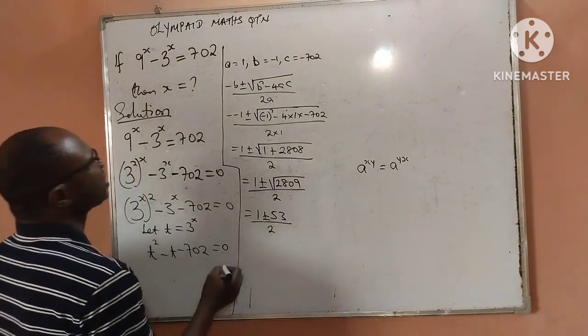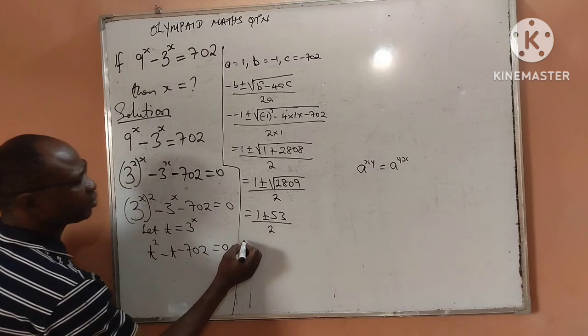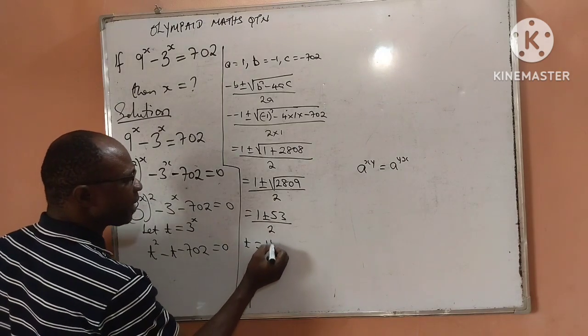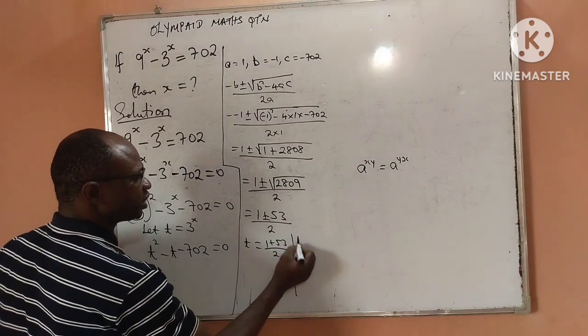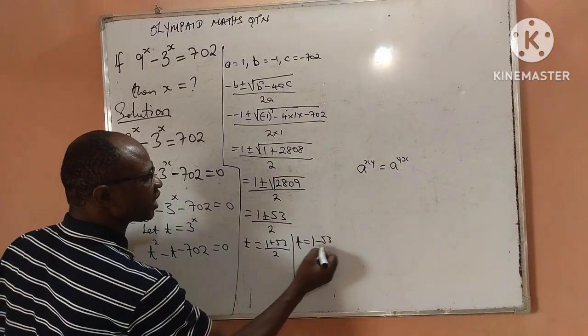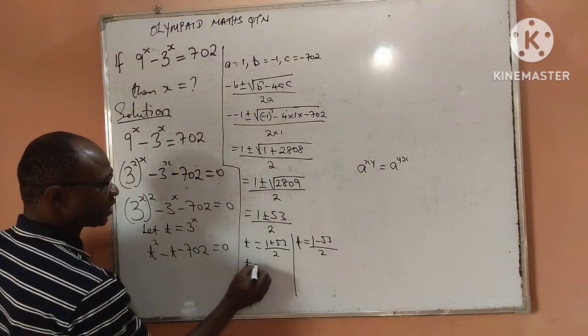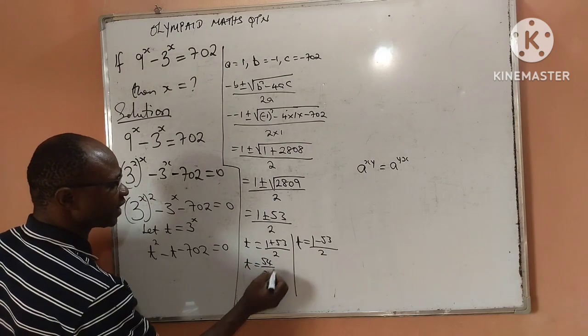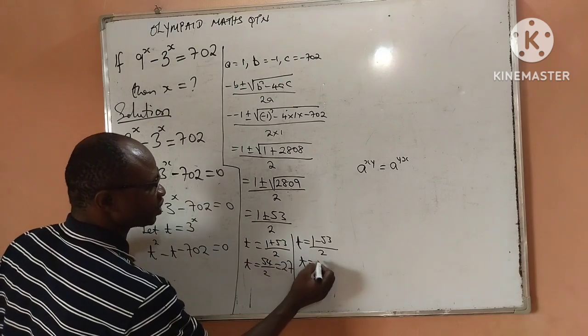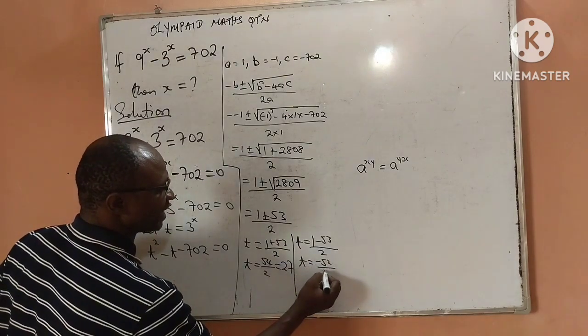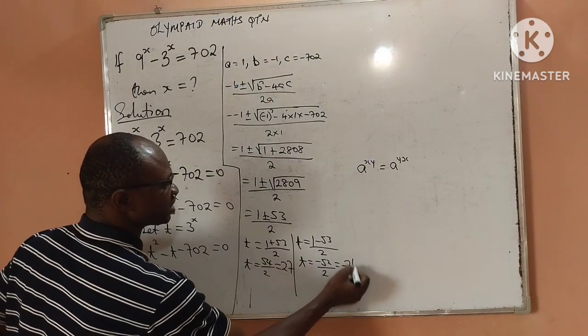This implies that the value of t will be 1 plus 53 all over 2, or t will be equal to 1 minus 53 all over 2. So t will be equal to 54 over 2, which is 27, and the other value of t will be minus 52 over 2, which is equal to minus 26.